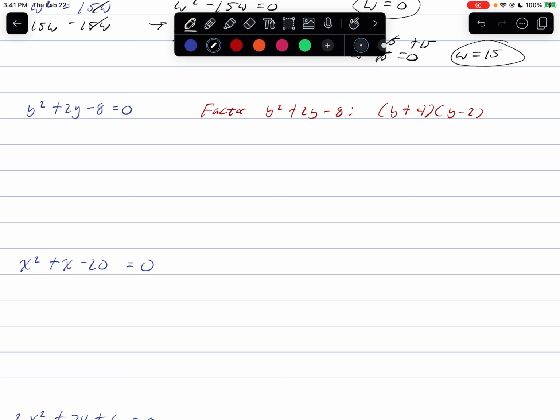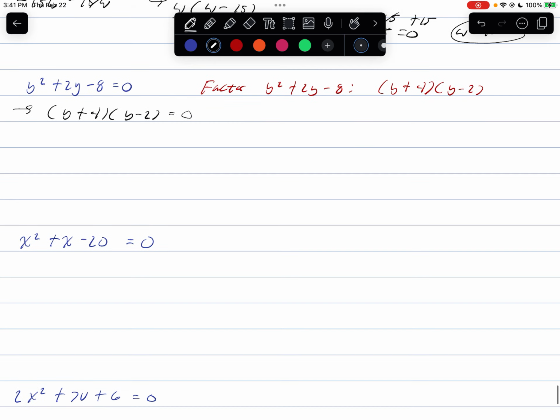Therefore, this is the same thing as y plus 4 times y minus 2 is equal to 0. These two are equal. Okay, and now we have two terms here. We're going to each set equal to 0. We have y plus 4 is equal to 0.